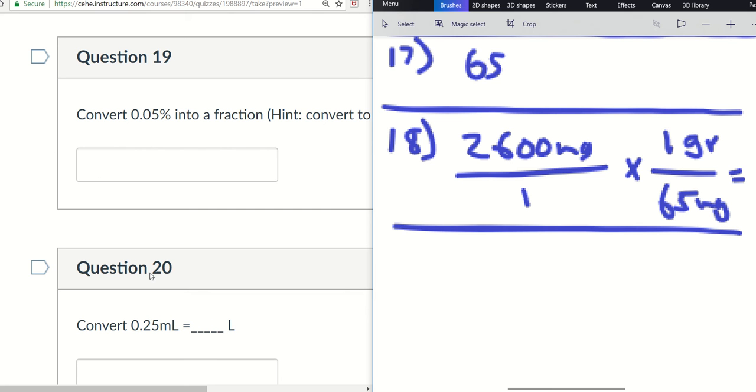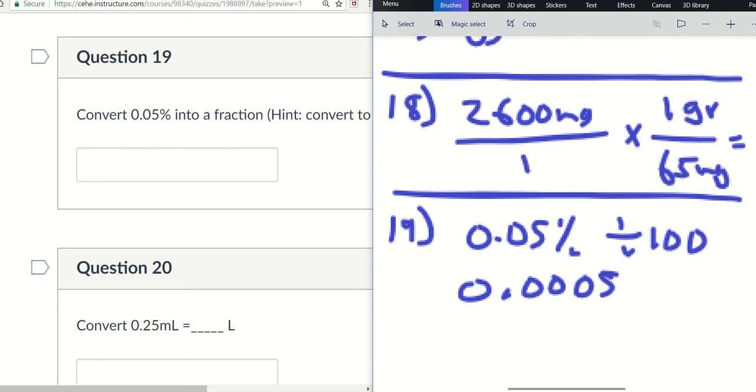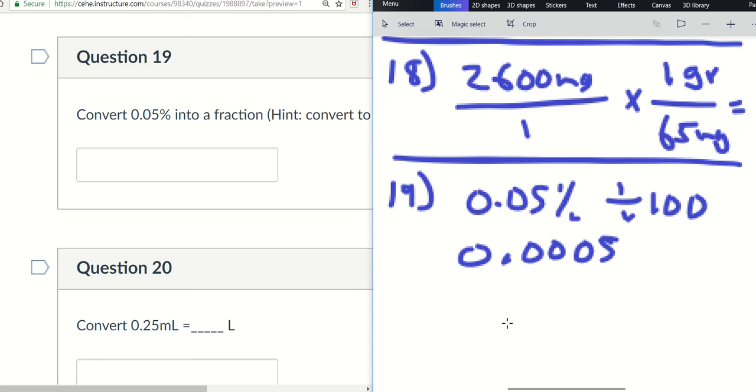All right, so this 19 is an example of one where a lot of you guys will forget to convert to decimal first. If you have a percentage, make sure you divide by 100 first to get the decimal. 0.0005. Now we can make the fraction. The 5 is in what decimal place?